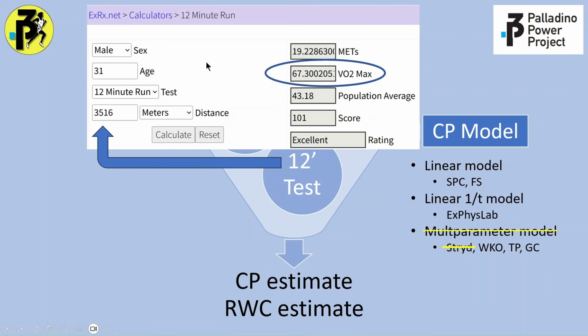So for this athlete, with the test results I just showed you, and this distance covered in that 12-minute test, the estimated VO2 max is about 67.3 milliliters per minute per kilogram. So there's another deeper dive into the data.